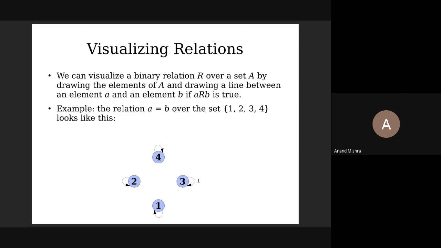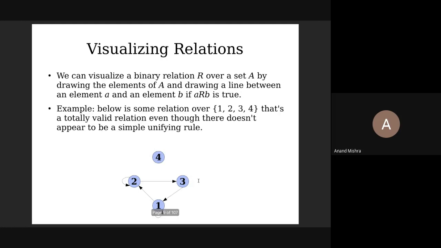Another one: the relation A equals B over the set 1, 2, 3, 4 will have this type of notation, where only self loops exist and nothing else is connected. Another one, this one.